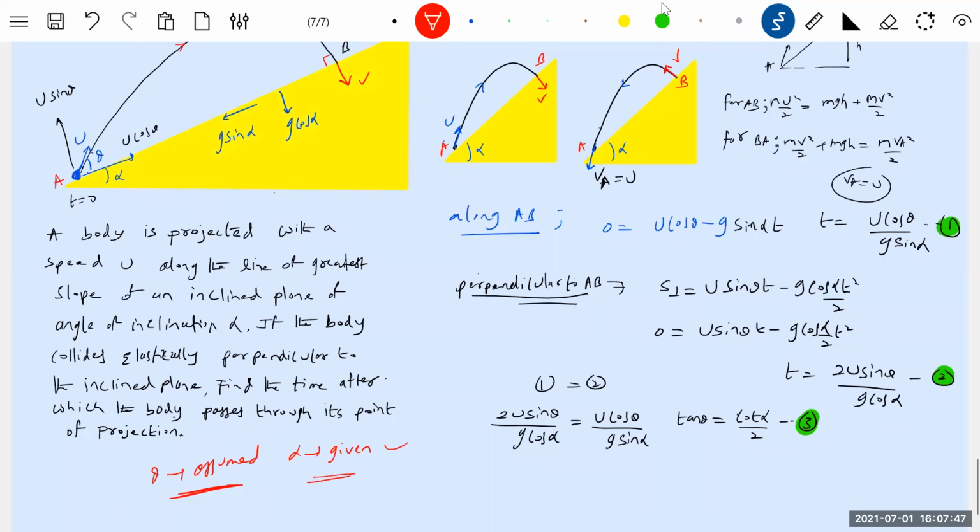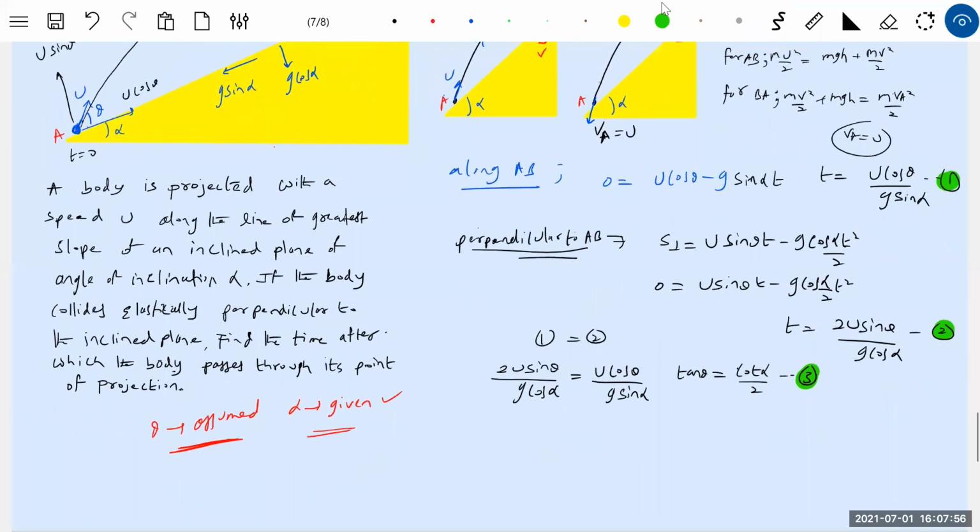So I should replace theta in the final expression. If I can replace theta, problem solved. How to replace theta? I'll take help of this triangle. Let me draw this triangle here. This is theta. This is cot alpha. This is 2. So this will become root of 4 plus cot square alpha.